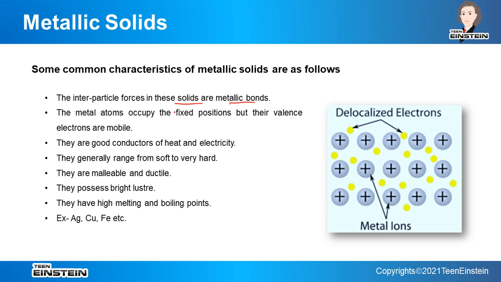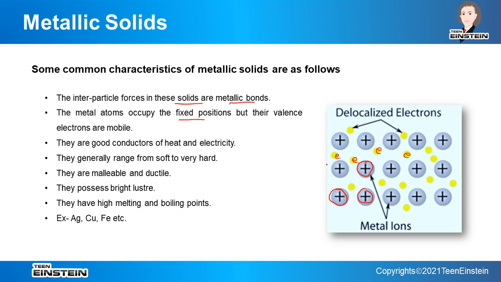The metal atoms occupy fixed positions, but their valence electrons are not fixed, they are mobile. So as if the metal ions, you can see in the picture, are floating in the sea of electrons, because these are electrons.